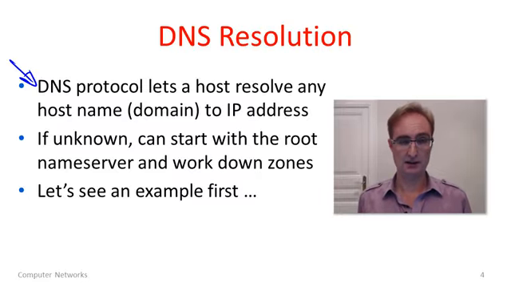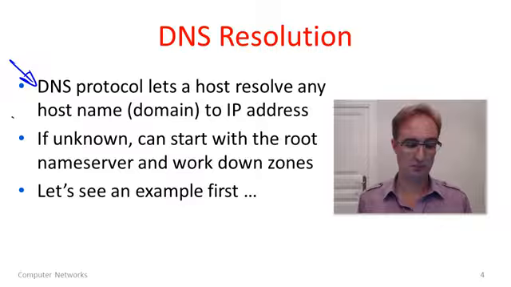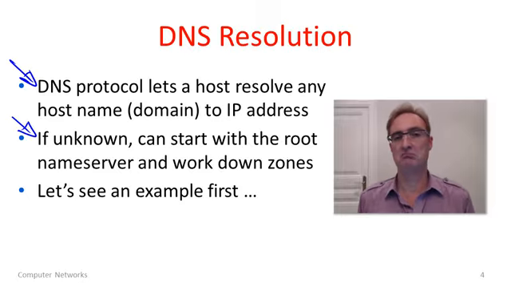So the DNS, as well as being a system, is the name of a protocol that lets any host on the internet resolve or map a host name, which in our terminology is a domain in the hierarchical namespace, to its IP address. The way that it's going to work is, well, you can probably imagine it, and we'll see an example in just a minute, but I would just say now, if a host doesn't know anything about what the IP address of this host name is, it can always start at the root, at dot in the namespace.